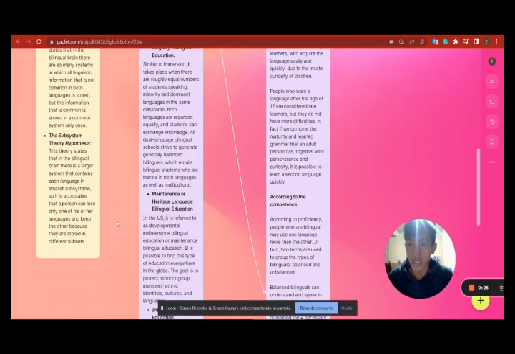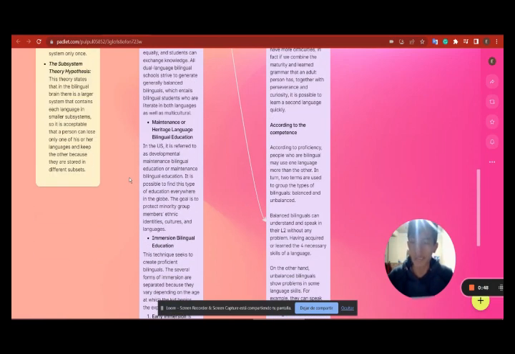Both languages are regarded as equal, and students can exchange knowledge. All dual-language bilingual schools strive to generate generally balanced bilinguals, which entails bilingual students who are literate in both languages as well as multicultural.